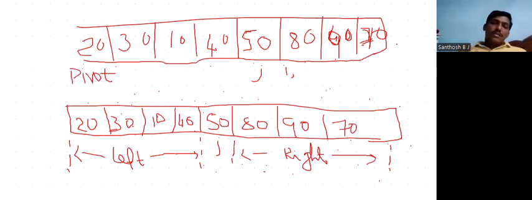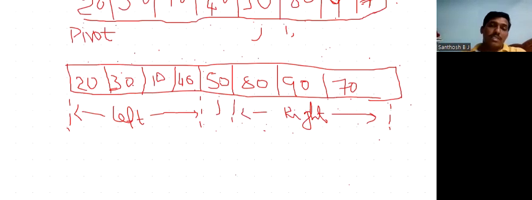So when J crosses I, copy the pivot value, then you consider the left part of the array, and the part after J is the right part of the array. 50 is the sorted value and is placed at J. First you sort the left part of the array.